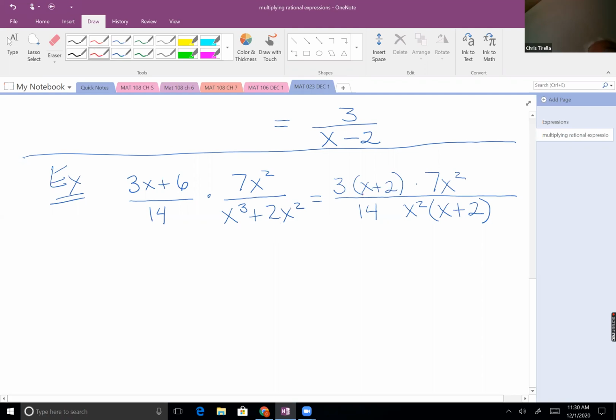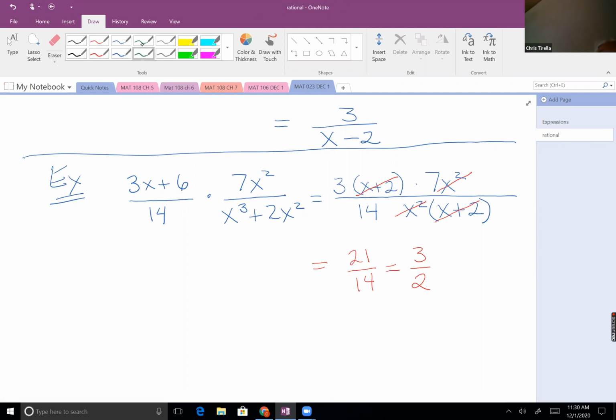Taking out the x squared, you notice that now we can have a heck of a lot of fun because I can cancel out the x plus 2s. I can cancel out the x squareds. And then depending on how comfortable you are with number fractions, because that's all that's left, we can either just multiply and get 21 over 14, which we can reduce by 7 to get 3/2.